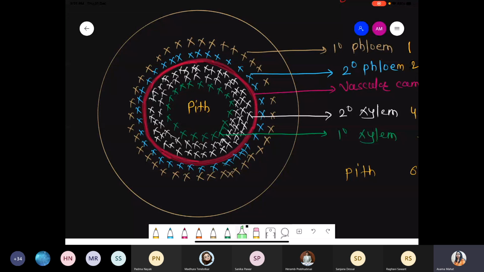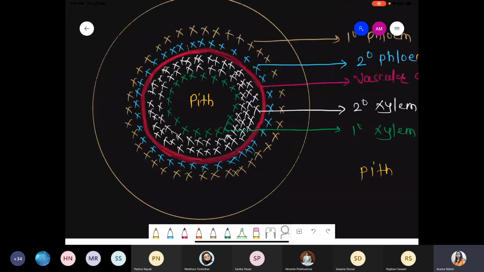So we are talking about medullary rays. They are present here, like this. Narrow bands. Parenchymatous in nature, obviously, because it's a medullary ray. And they can cross the secondary xylem and the secondary phloem.